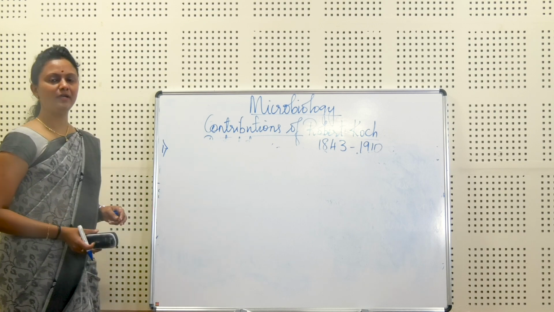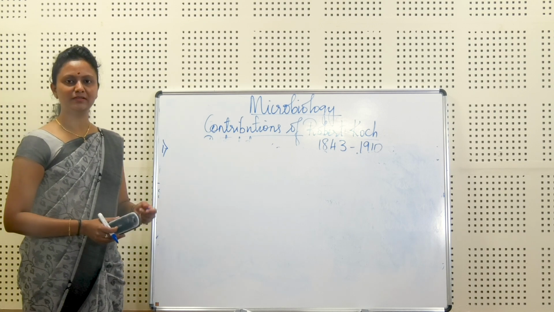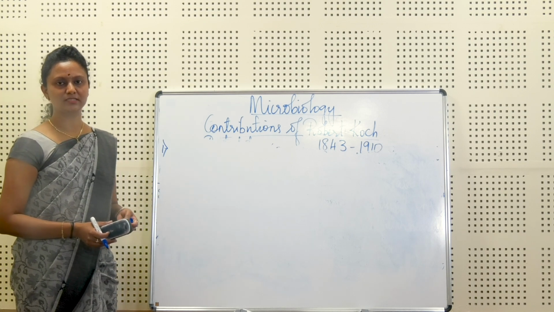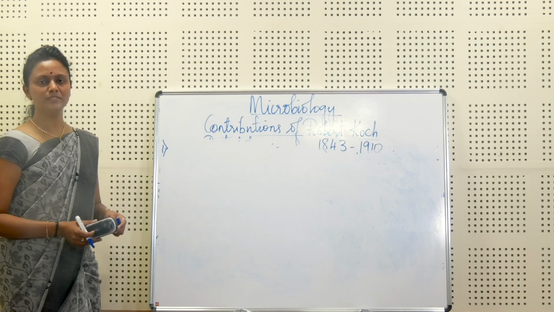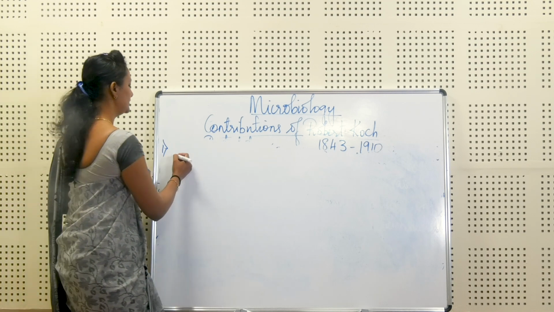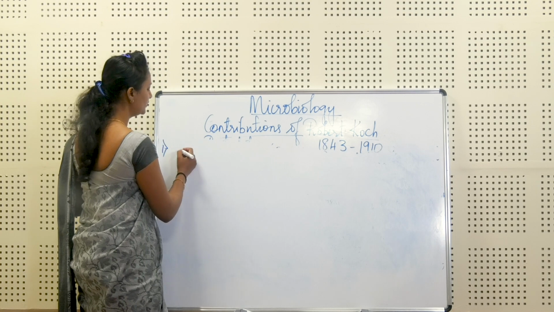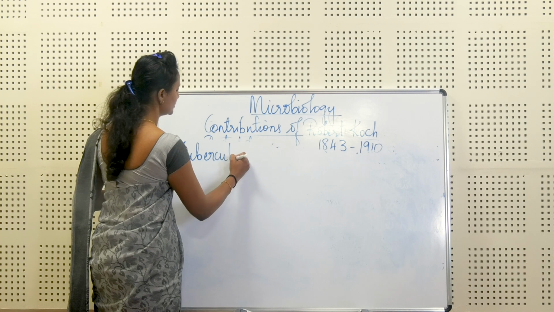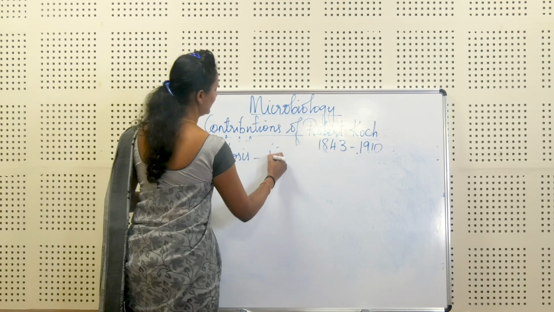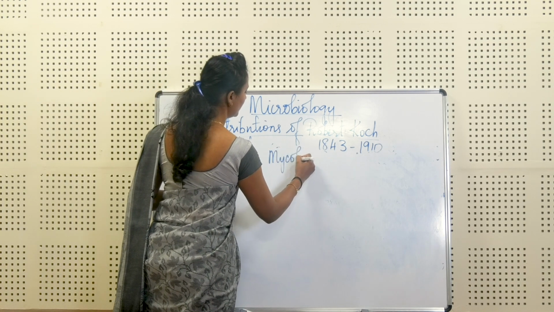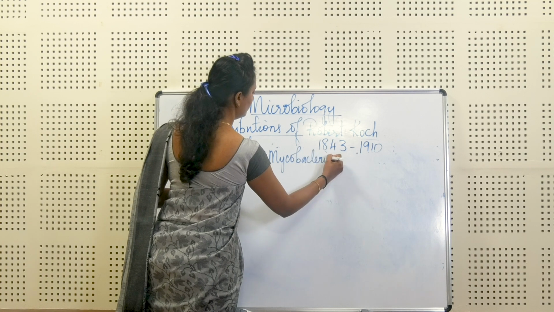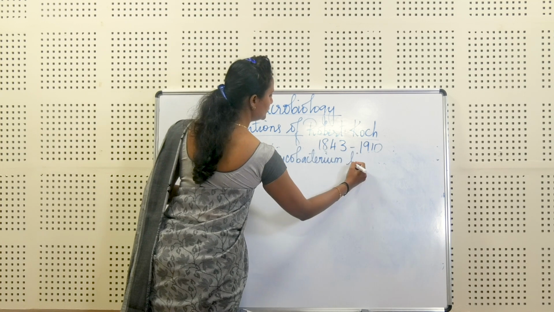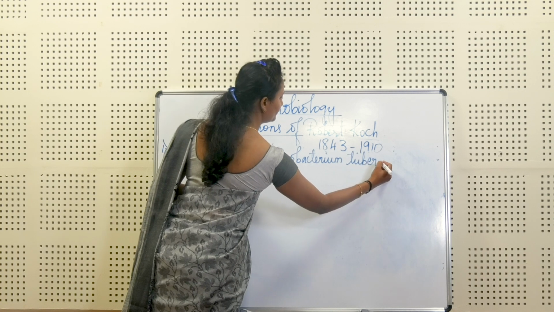Apart from identifying the causal organism of the anthrax disease, that is Bacillus anthracis, he was also the first person to identify the causal organism of tuberculosis, that is Mycobacterium tuberculosis.